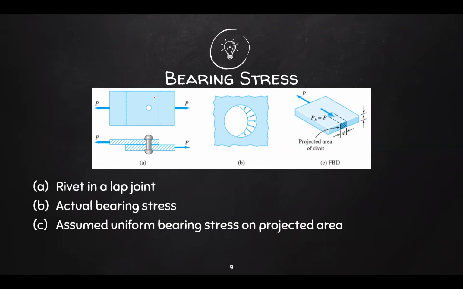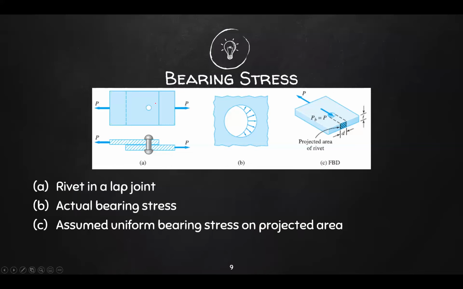So what's going to happen is the right side of your lap joint plate will push against the right side of your rivet. And because this is pulling, there could be a gap on the left side. Since there's a gap, there won't be any pressure, hence no bearing stress. And since there is contact here on the right, that is where your maximum bearing stress is.